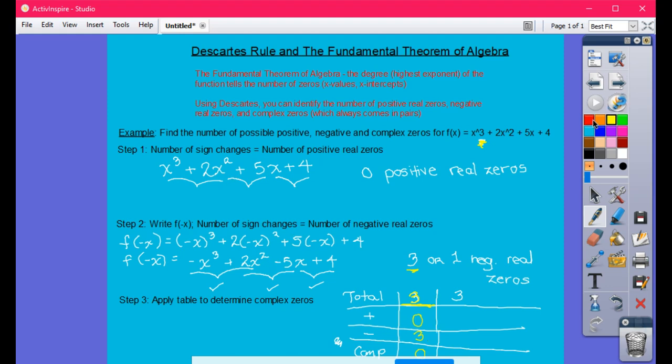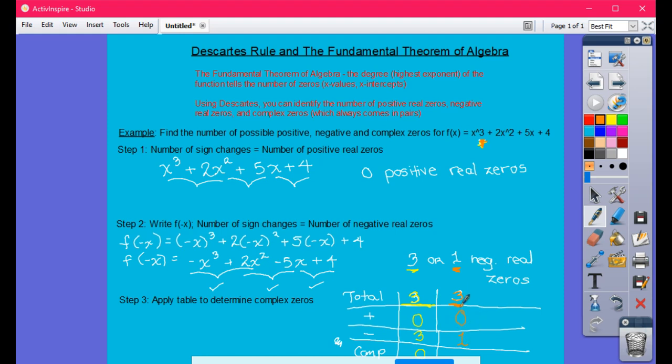Now, my other list of possibilities is, once again, a total of 3 zeros because the highest exponent, or degree, is 3. We've already established 0 of them are positive. There's no going around that. Now, how many of them could be negative? Well, we also established that one of them could be negative.